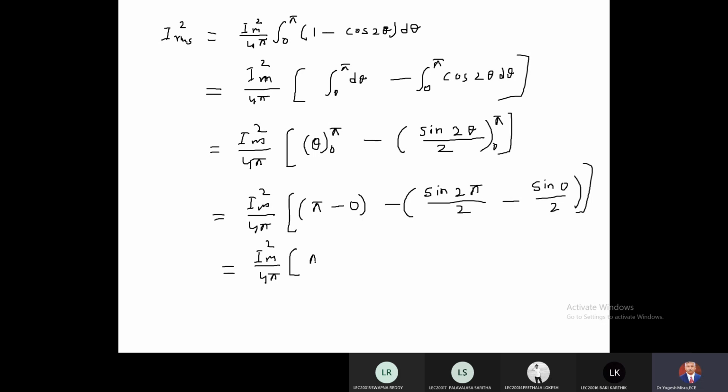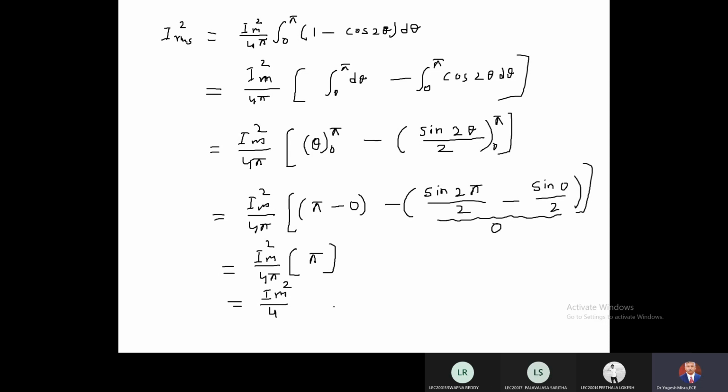Here we have this term π, right? And this whole term will be 0. So we will get only this term. So this will be Im squared by 4, right?